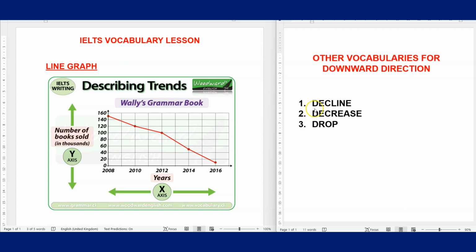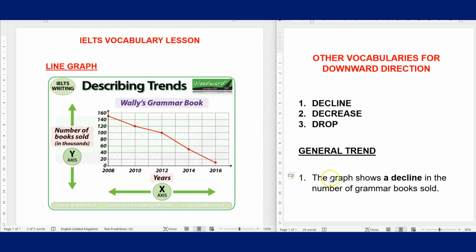We could use the word decline, decrease, or drop. So how can we describe the general trend of this graph?